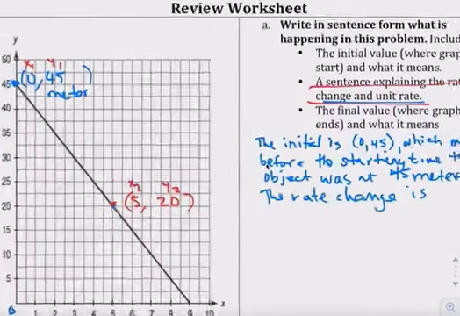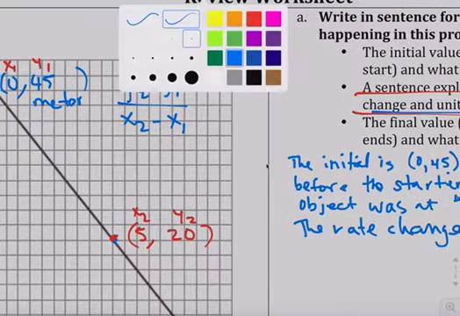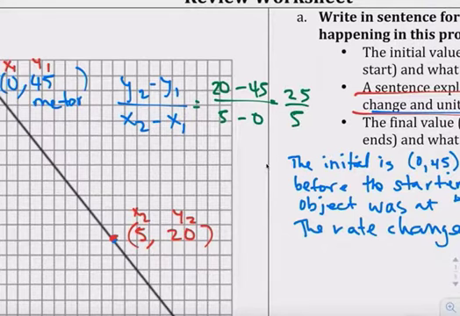Let's do here y2 minus y1, always write the formula to help you out. I will look for the formula on the quiz, so make sure you write the formula. If you get it wrong, I will give you less points because I don't know where your error is. I'm not going to sit there and look. If it's all shown nicely, I will see 20 minus 45 over 5 minus 0.